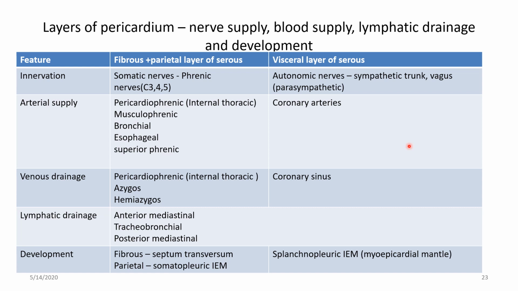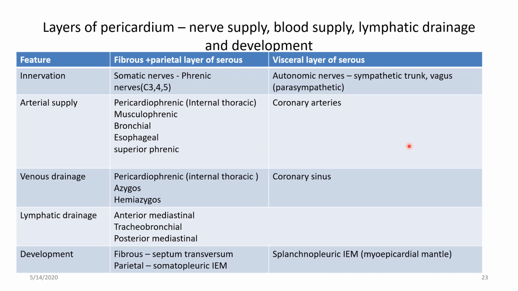The visceral layer of serous pericardium drains into the coronary sinus. The lymphatic drainage for all the three layers of pericardium is by anterior and posterior mediastinal nodes and to the tracheobronchial nodes.